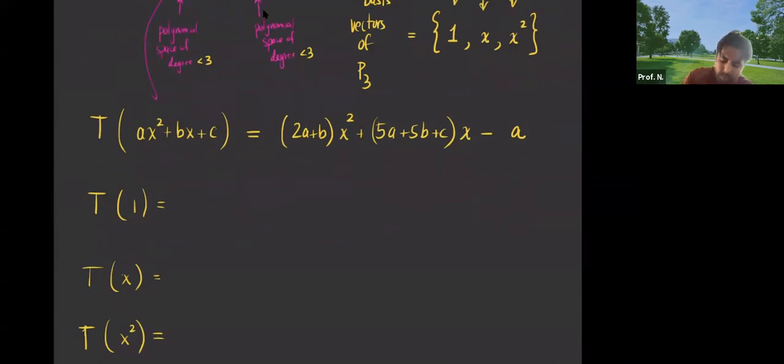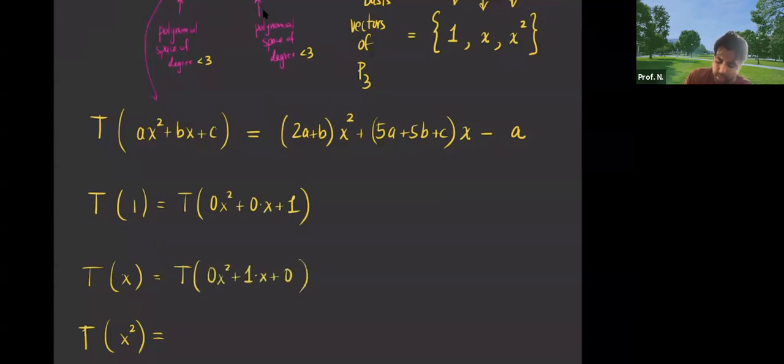Now, T of 1, I can rewrite this as T of 0x squared plus 0 times x plus 1. T of x can be written as 0x squared plus 1 times x plus 0. And this would be T of 1x squared plus 0 times x plus 0.